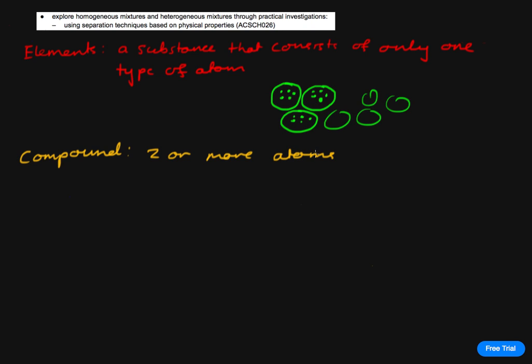So if one atom that has 4 protons and one atom that has 17 protons is chemically bonded to another atom, so to speak, we call that a compound. So 2 or more atoms chemically bonded together.